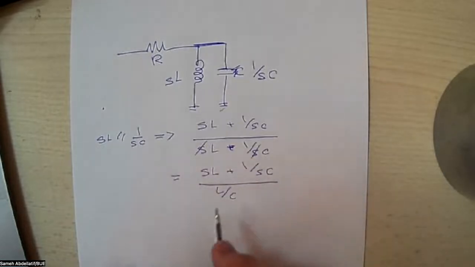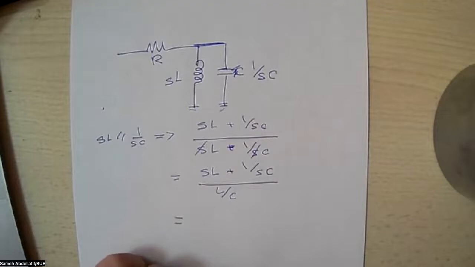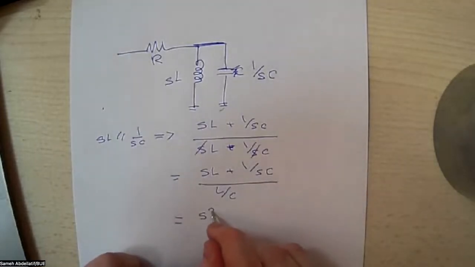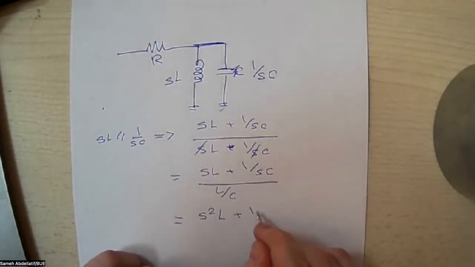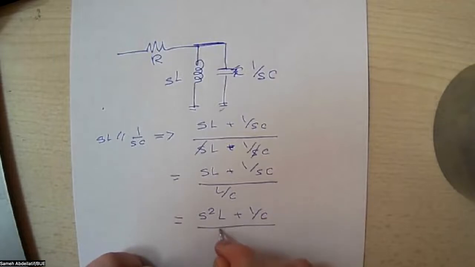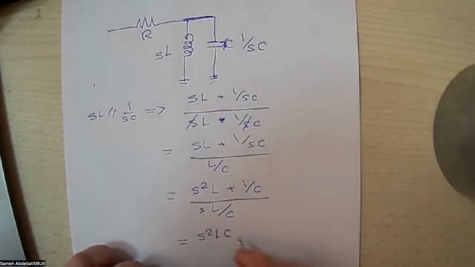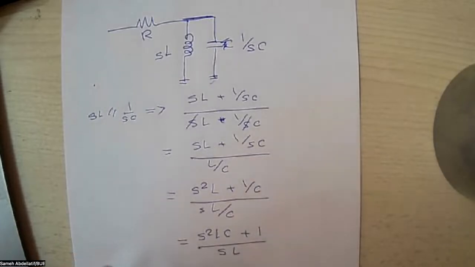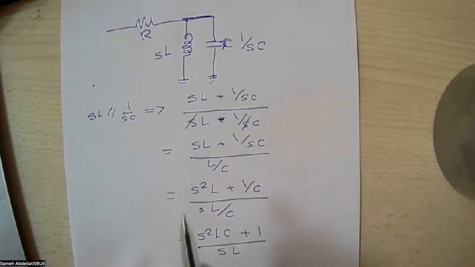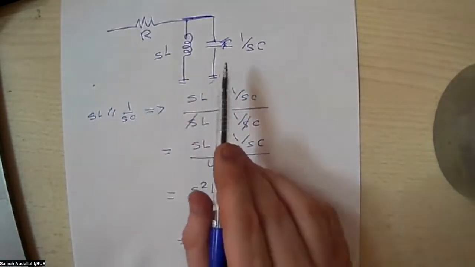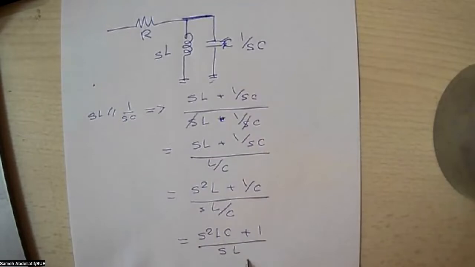We can simplify it a bit by multiplying by S in the numerator and denominator. So S squared L plus 1 over C over L S L over C. Or you can make it easier by multiplying by C on both sides. So S squared LC plus 1 over SL. This represents the equivalent of this inductor and capacitor in parallel.